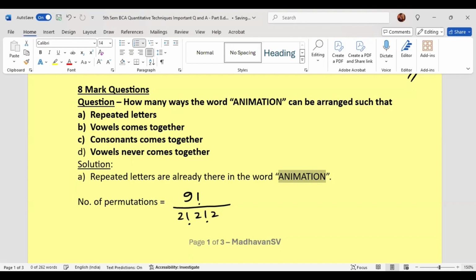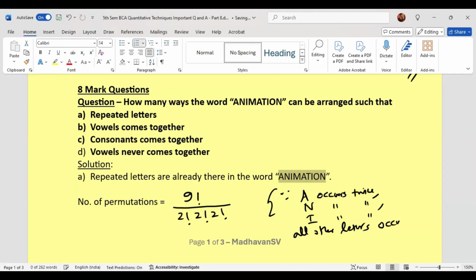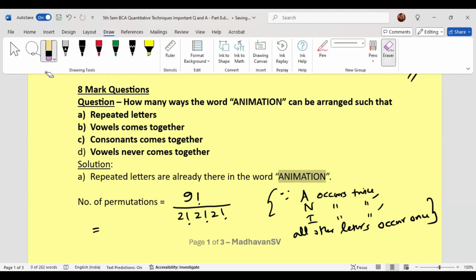I is repeated twice, again 2 factorial. The rest of the letters occur only once. Now, if we evaluate this, let us do it.